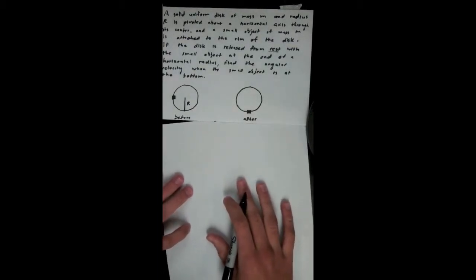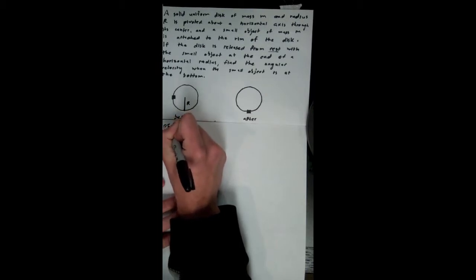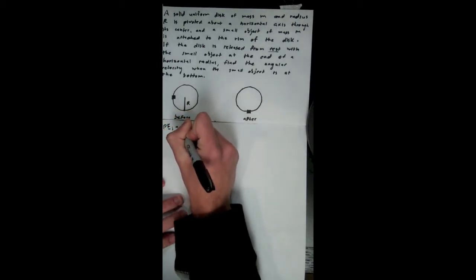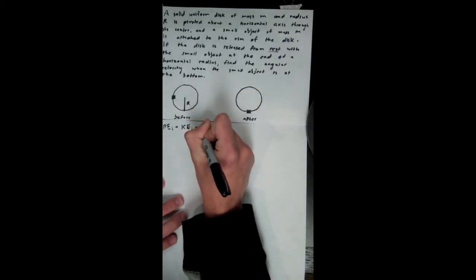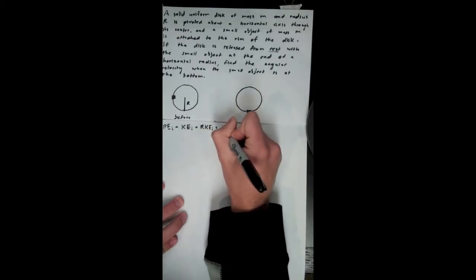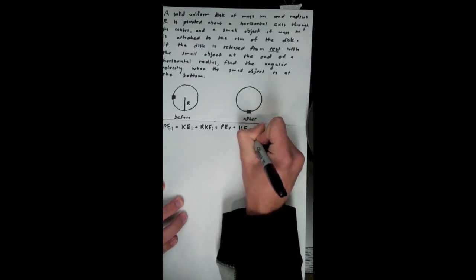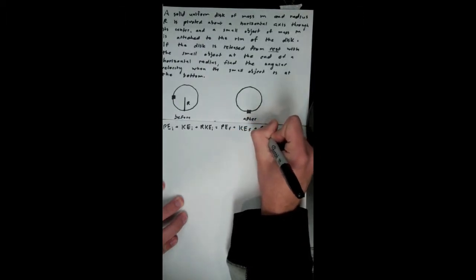So what we know is that the initial potential energy plus the initial kinetic energy plus the initial rotational kinetic energy is equal to the final potential energy plus the final kinetic energy plus the final rotational kinetic energy.